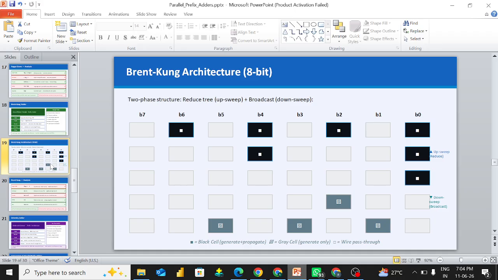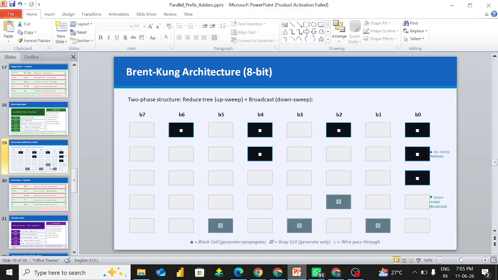If you need an idea about this Brent Kung adder, just think of climbing a mountain and coming down. This is the best example. What happens when you climb a mountain? Going up and up, you get to see what the viewer gets from that mountain, right?